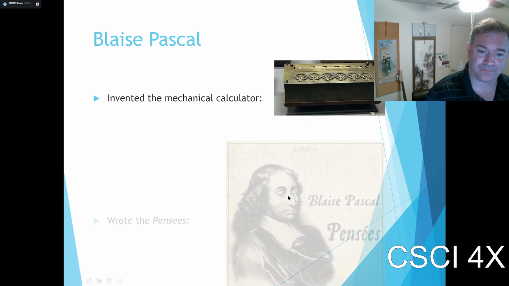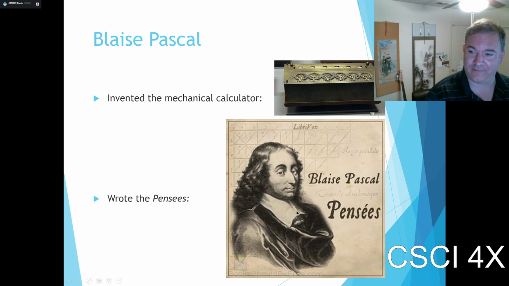It's kind of cool. He wrote the Pensées, which he's pretty famous for, and Pascal's wager. By the way, don't mispronounce or misread that word. It'll be embarrassing in your philosophy class. So yeah, he's most famous for Pascal's wager, but he did other stuff as well.